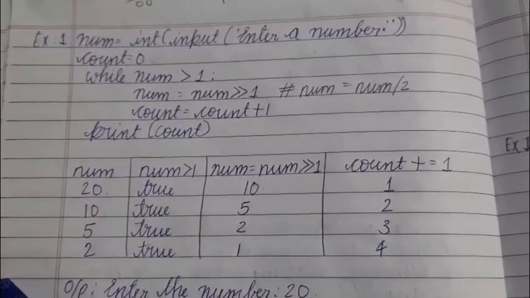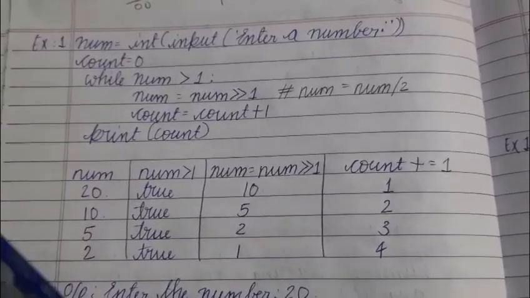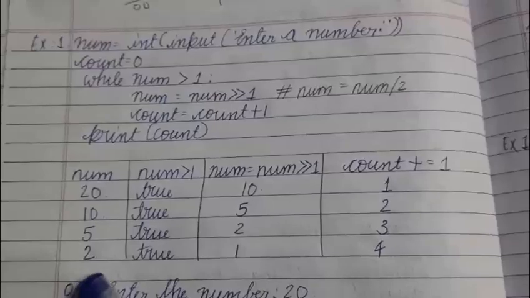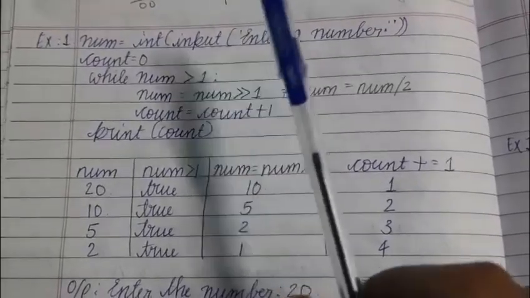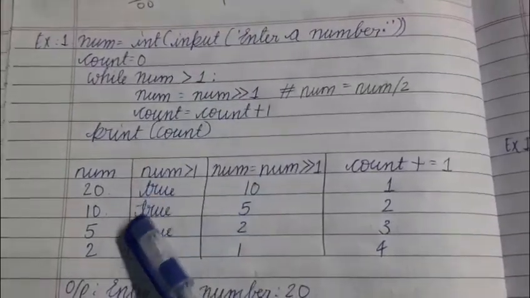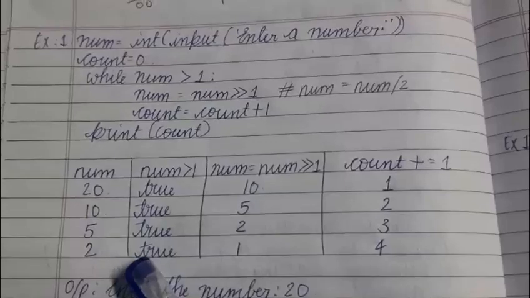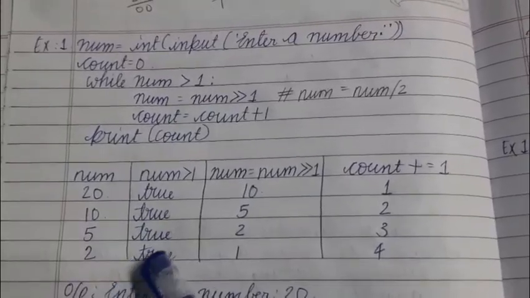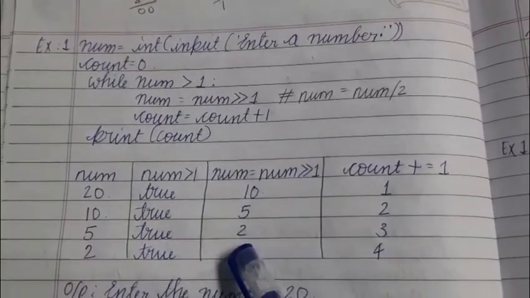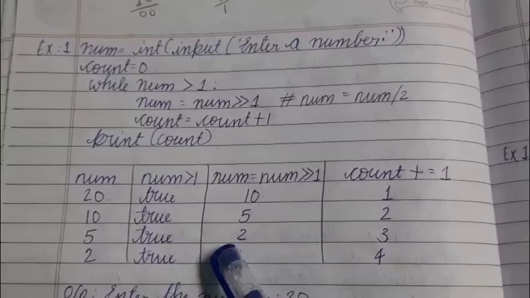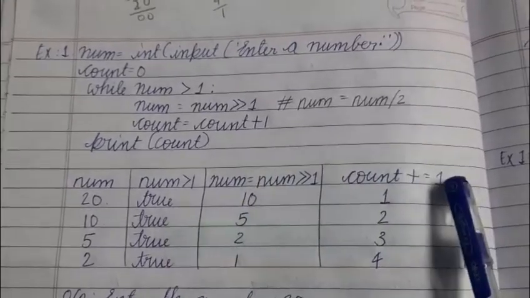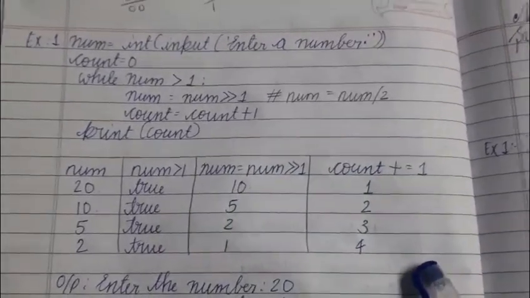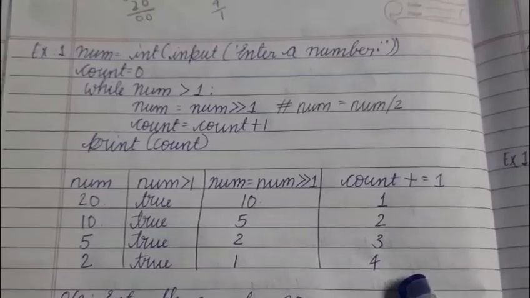Now we check the condition again, and we have num equal to 2, which is greater than 1. Again the condition is true, so we right shift num, that is 2 divided by 2, and we get 1, which will be stored in num. And now we increment the count, it becomes 4, and the fourth iteration is also completed.